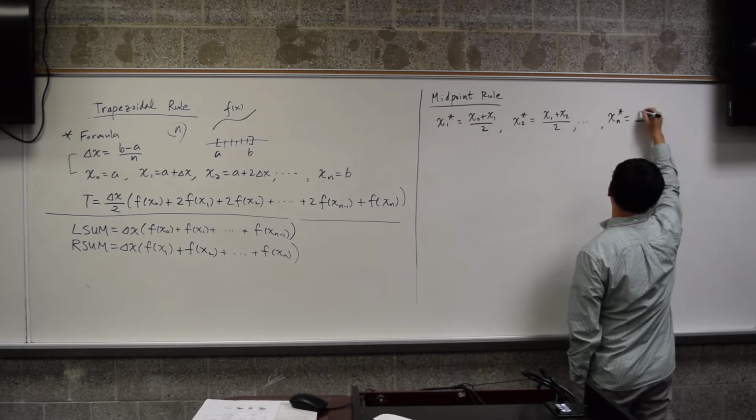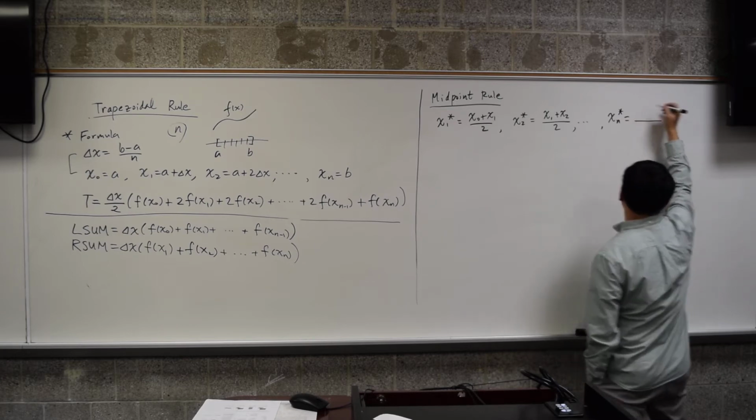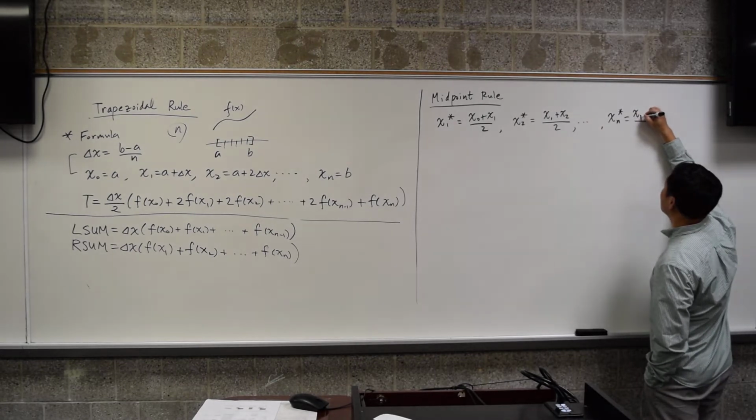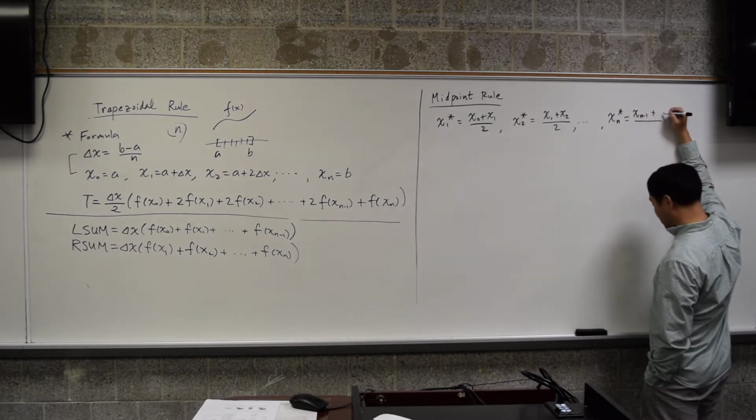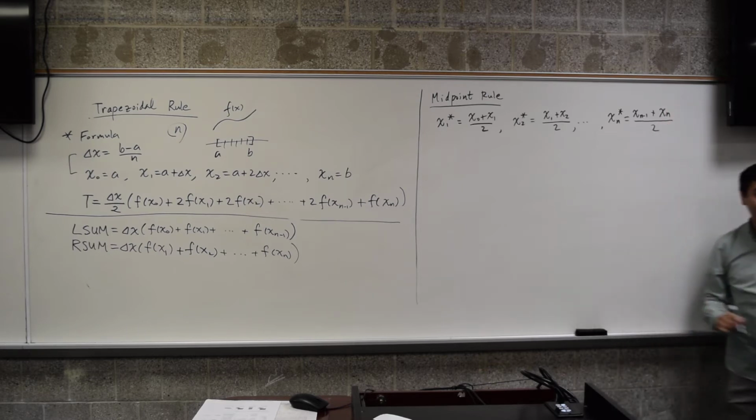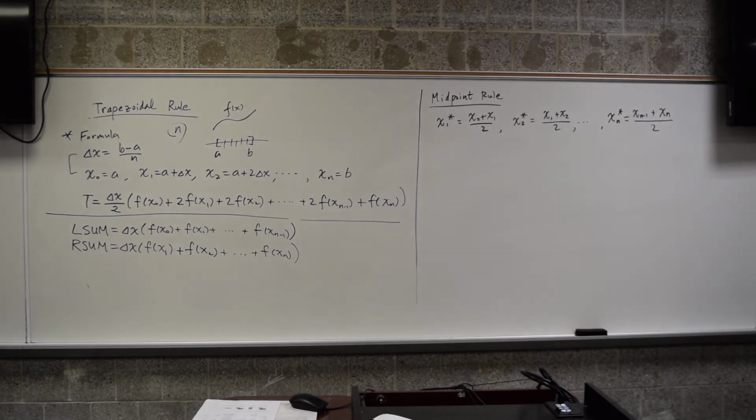Can anyone tell me what I should write here? (x(n-1) + xn)/2. That's the midpoint of the last one.